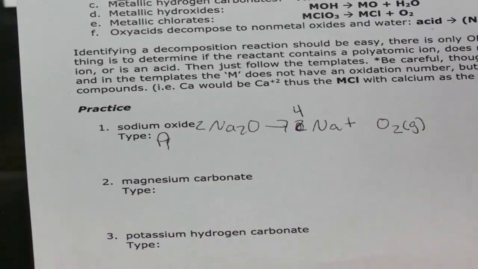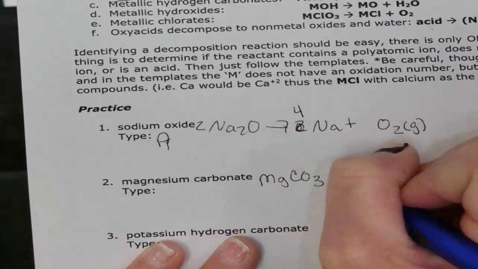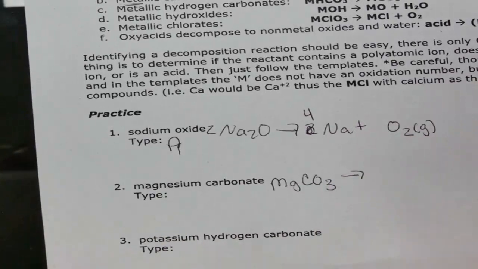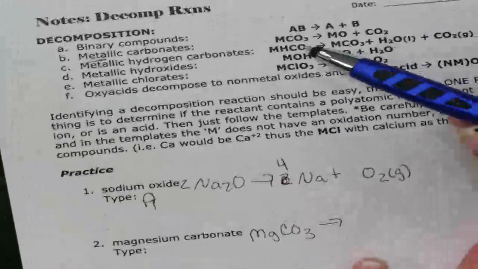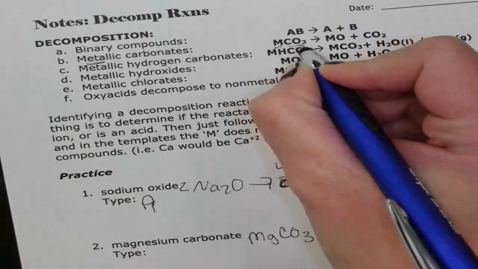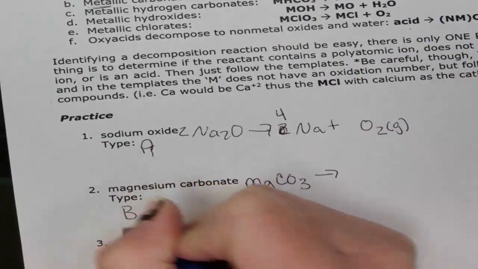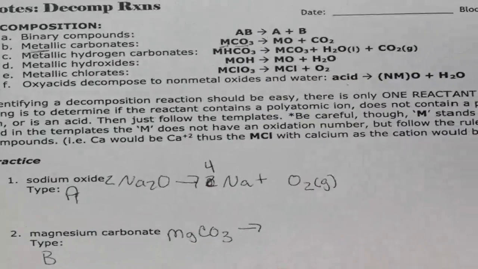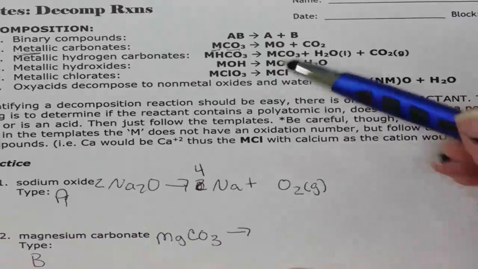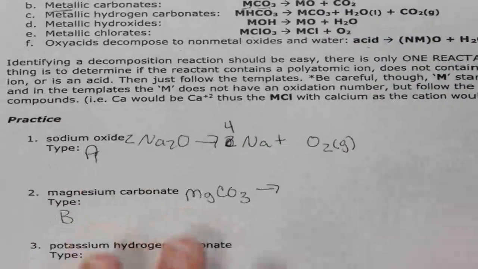All right, magnesium carbonate. Magnesium carbonate. So this is going to be a type B. I have a metal, the magnesium, plus I have a carbonate. So this is a type B reaction. So what do my reference tables tell me is going to happen? A metal oxide plus a carbon dioxide.